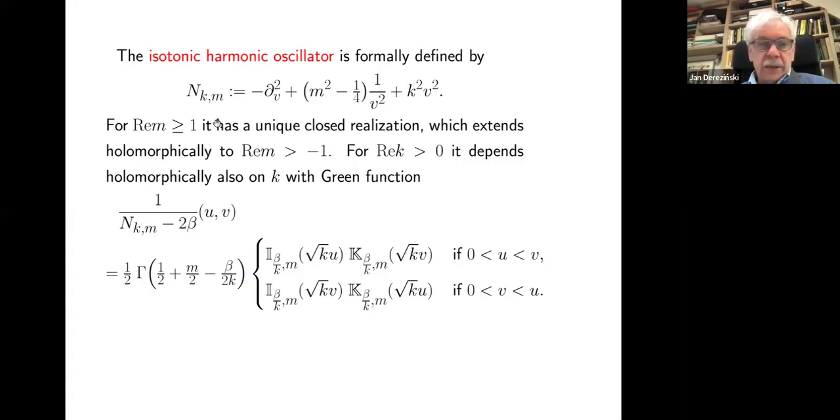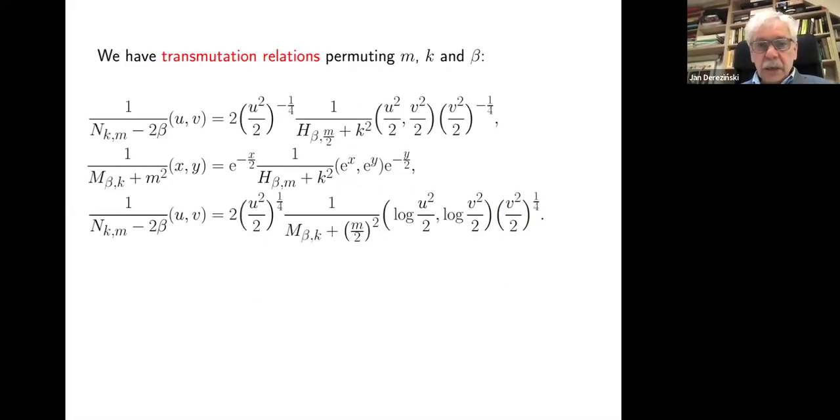And again, the theory is very similar to the Bessel operator. For the real part of m greater than 1, it has a unique closed realization, which extends holomorphically to the real part of m greater than -1. And we can compute its Green functions, again, using another variety of Whittaker functions. And we have transmutation relations.